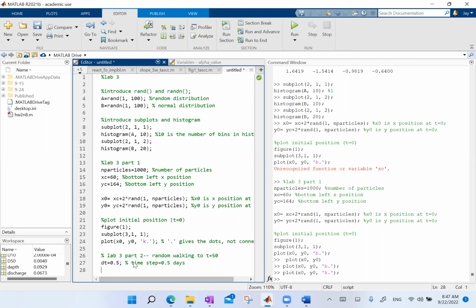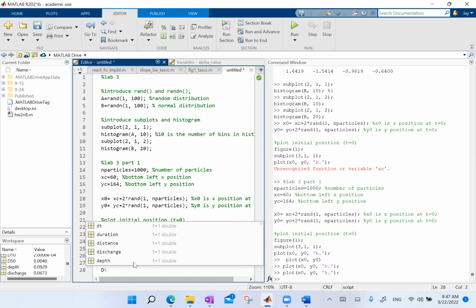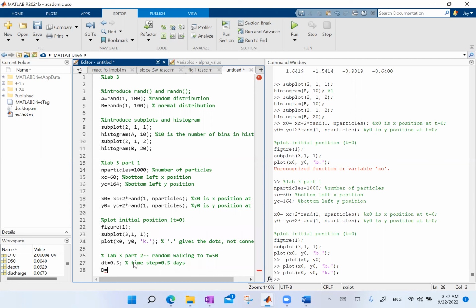And then we also have the dispersion coefficient, capital D, given as 0.001 meter squared per day.